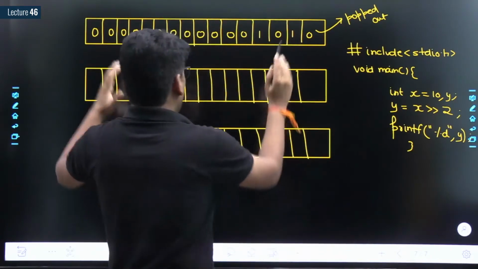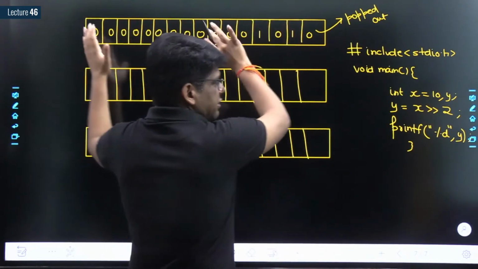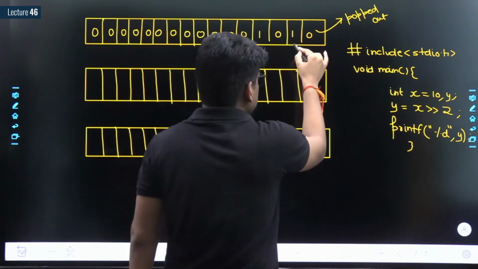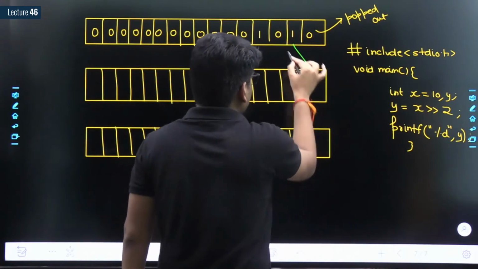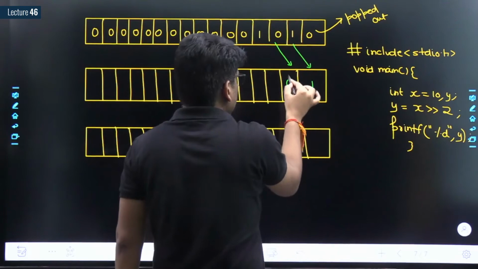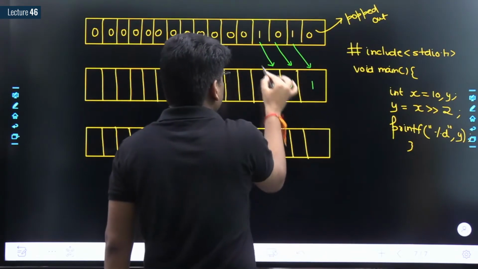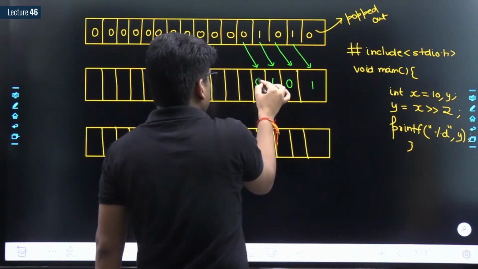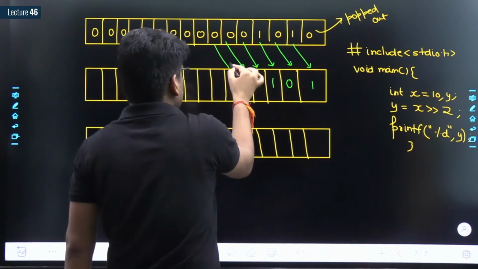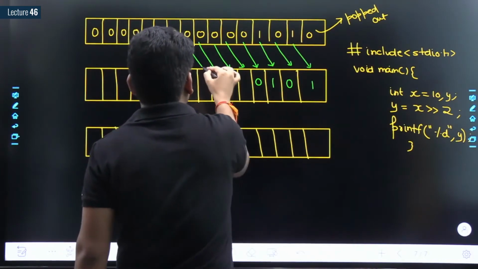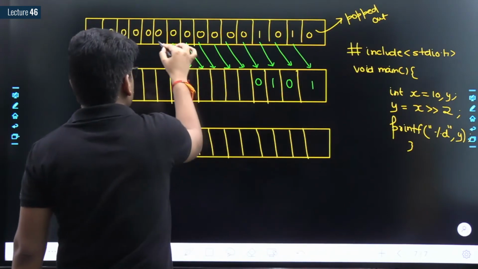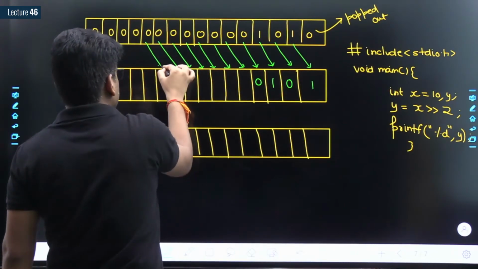That means all remaining bits are shifted to the right by one position. This 1 comes here, this 0 comes here, this 1 comes here, this 0 comes here. All remaining bits are shifted by one position to the right.